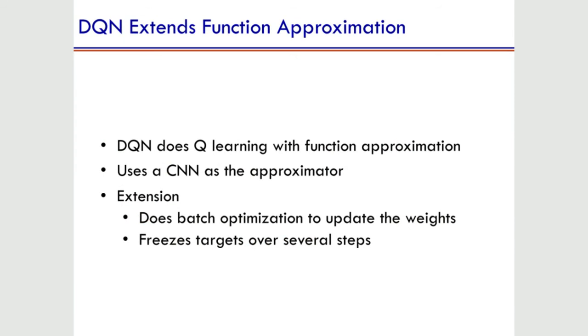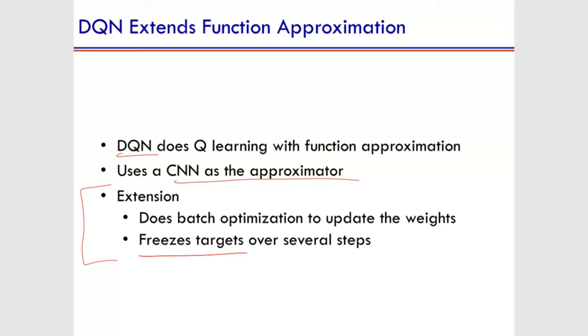In particular, it's going to be 4 frames, 4 images of the screen at a certain frequency. DQN uses a CNN as a function approximator, and while trying to see how Q-learning gets changed when you use this function approximator, we'll talk about two tricks. One is called target freezing, or batch optimization, and the second trick is called experience replay.